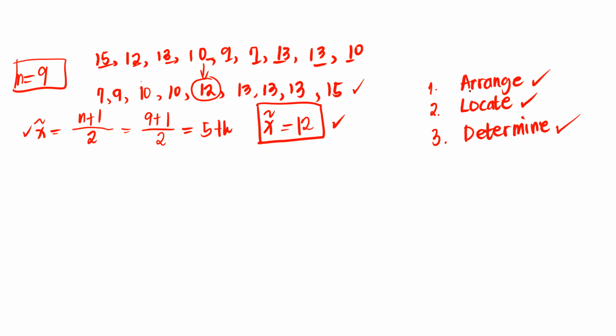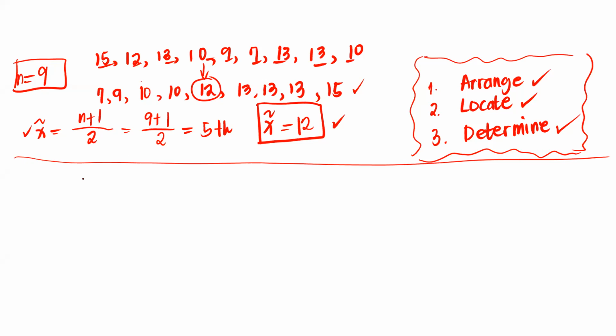Okay? Now, yung module number 4, 5, 6 po natin ay same process nito, no? Mag-a-arrange ka rin, maglo-locate ka rin, at magde-determine ka rin ng data. Bakit? Tungkol saan ba yung modules 4, 5, 6? Yung module 4 po is about quartile.